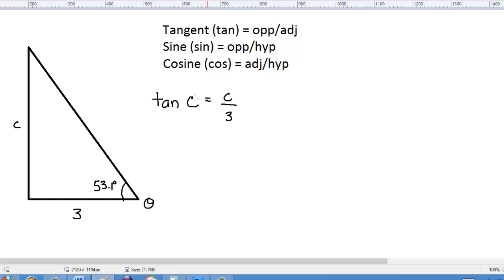And that is equal to tan of 53.1 degrees. So I can work this equation out and say that little c is equal to 3 times tan of 53.1 degrees. Let's pull up the calculator.